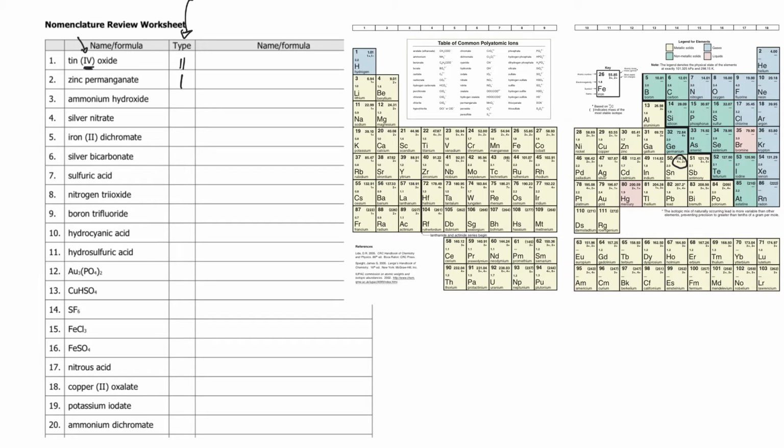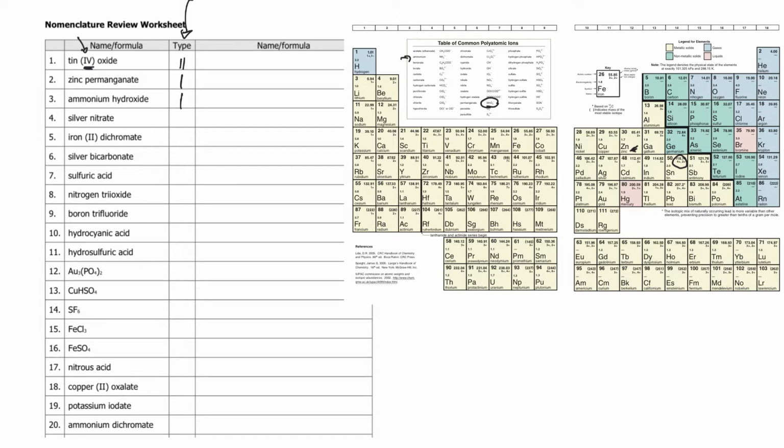Where's my zinc? Oh, there it is. And permanganate is one of these complex or polyatomic ions, so it's type 1. Ammonium is up here, and so it's got to be an ion, so it's type 1.